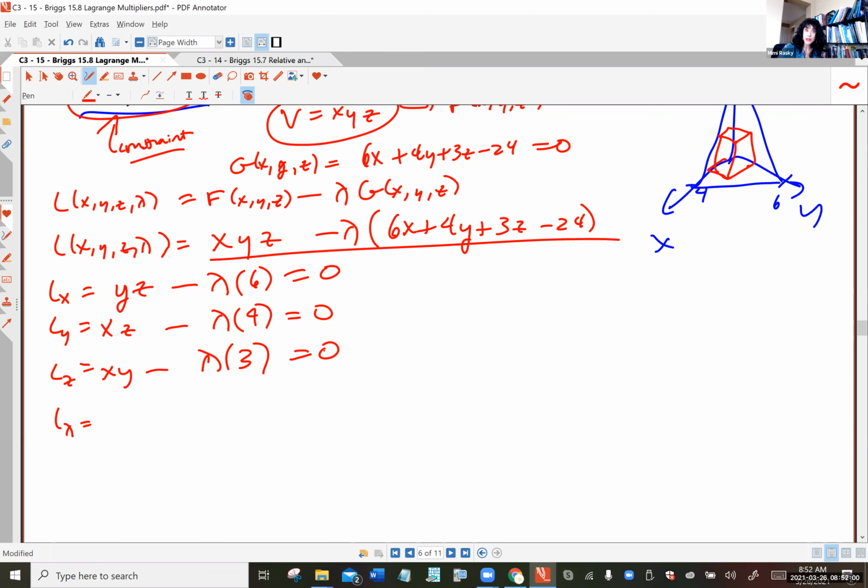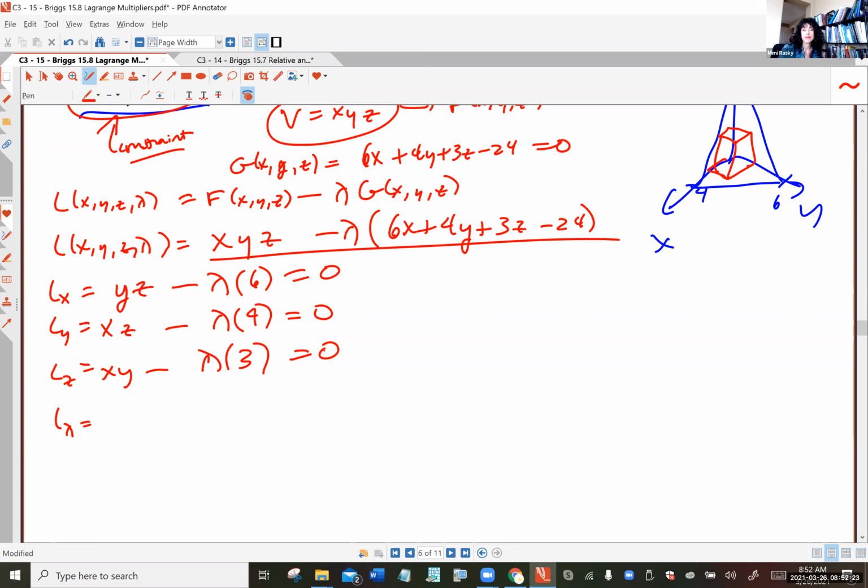And finally, take the partial with respect to lambda. Remember, lambda is a variable we introduced into the whole situation. And as I mentioned last time, I like to think of lambda as the angel from heaven, the helper variable that comes down, helps us out, and then shoots back up to heaven, because usually we never even solve for lambda.